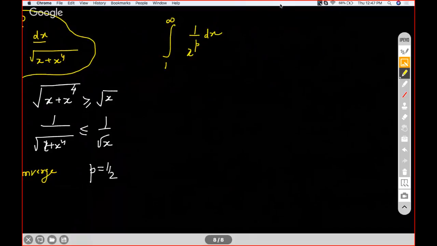When p is greater than 1, it converges. And when p is less than or equal to 1, it diverges.